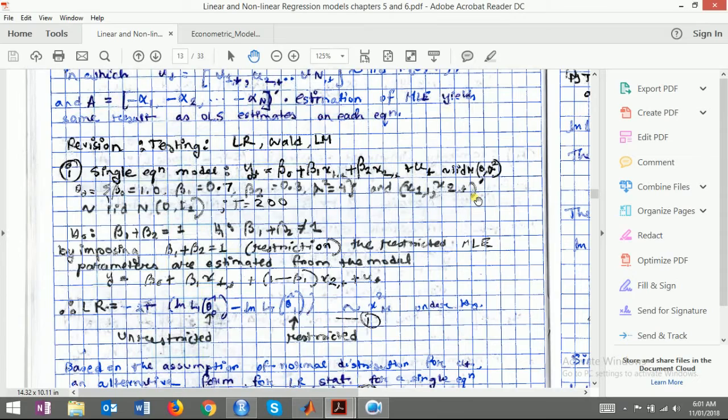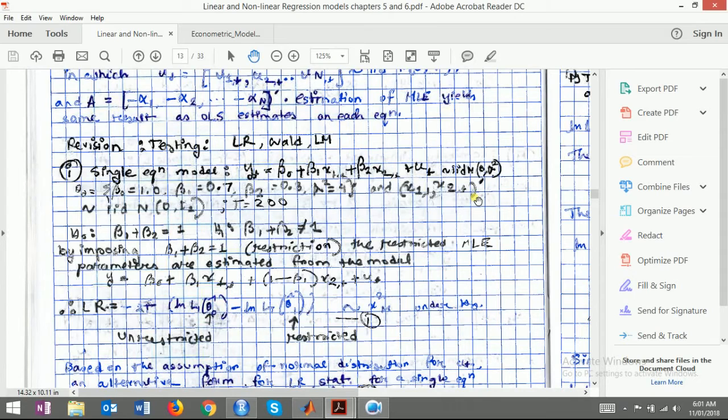Now we are given some examples. Single equation model: yt equals beta naught plus beta 1 x1t plus beta 2 x2t plus ut, which is IID N(0, sigma square). You have theta parameters given to you, which are beta naught, beta 1, beta 2, sigma square, and x1t, x2t are IID N(0, identity matrix).